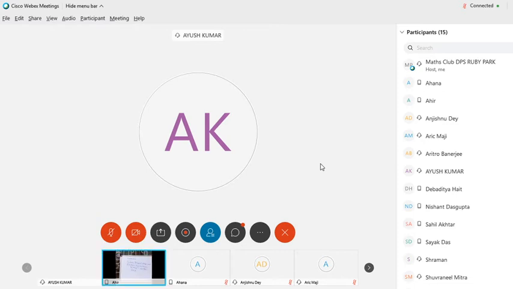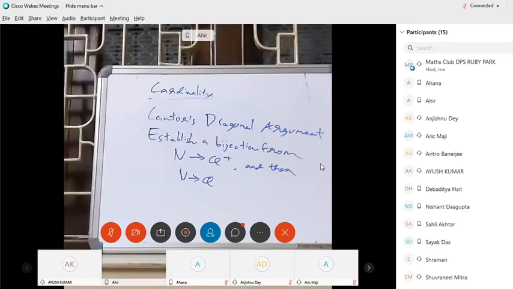No, R is uncountable, but the set of rational numbers is countable. Okay, we'll prove that the set of rational numbers is countable now. But I leave this proof to you guys, the N to Q plus bijection and the N to Q bijection.